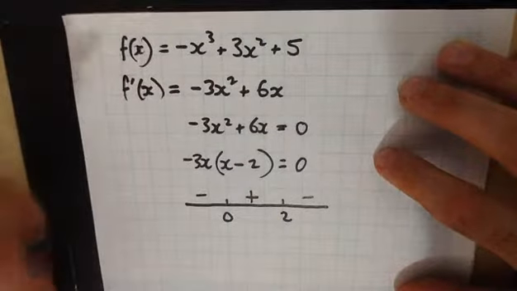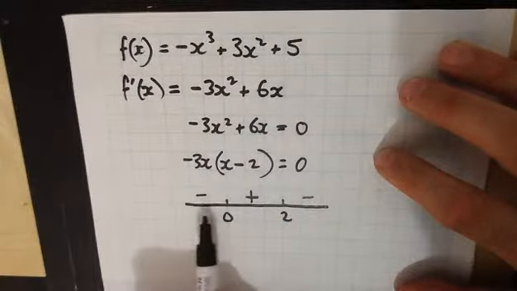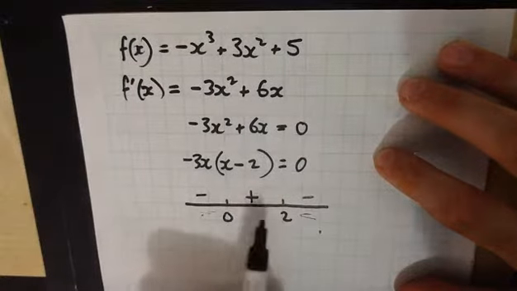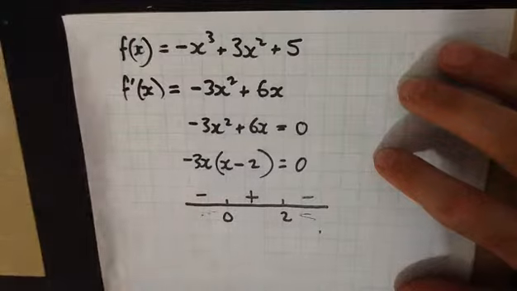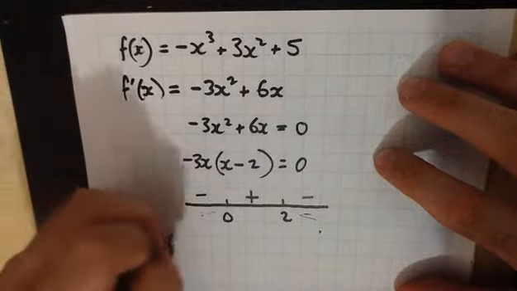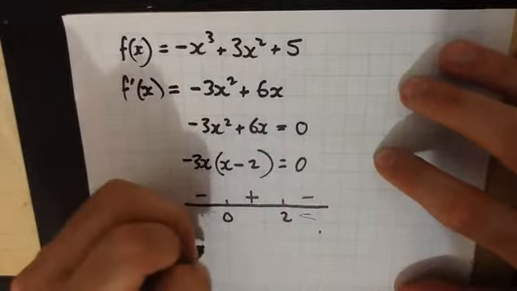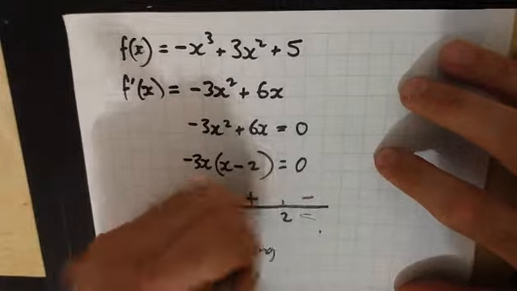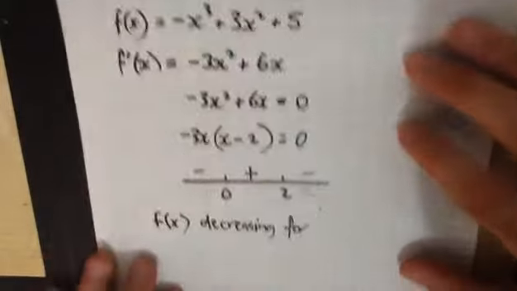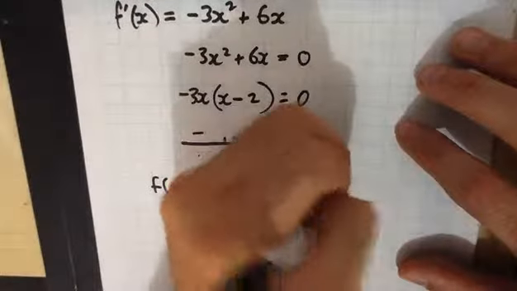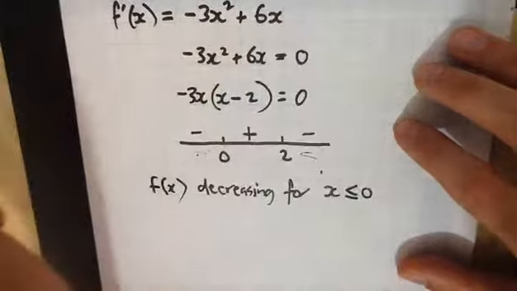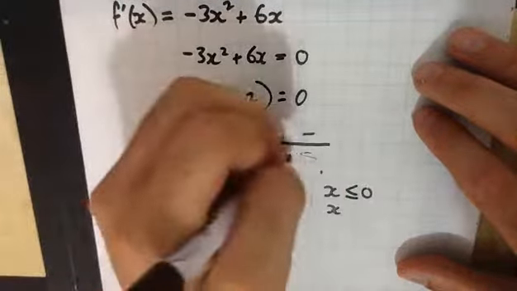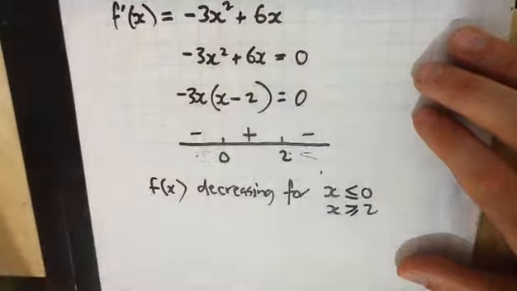What this sign diagram tells me is that the function is decreasing here and here, and increasing in between 0 and 2. So I would say the f of x is decreasing for x less than or equal to 0, and for x greater than or equal to 2.